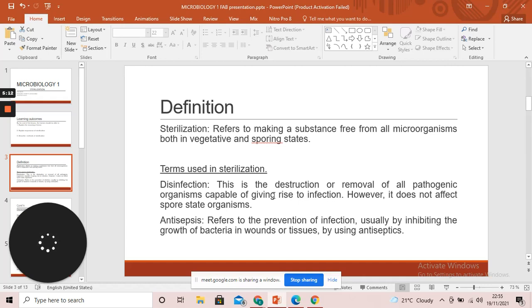Terms used in sterilization include disinfection, which refers to the destruction or removal of all pathogenic organisms capable of giving rise to infection. However, it does not affect the spore state of organisms.